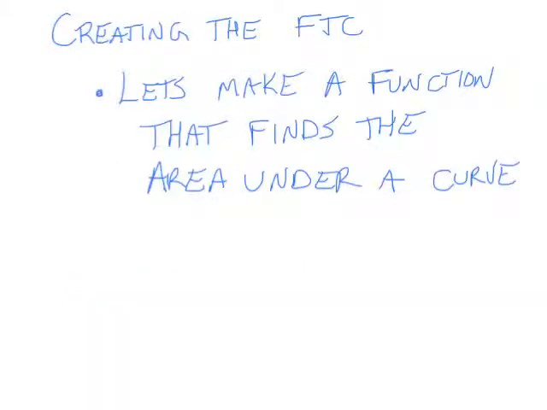Alright, if we want to create the Fundamental Theorem of Calculus, let's define a function, and we'll call it g of x. This function is going to be the area under a curve, from some point a to some point x, and that x value is our variable.